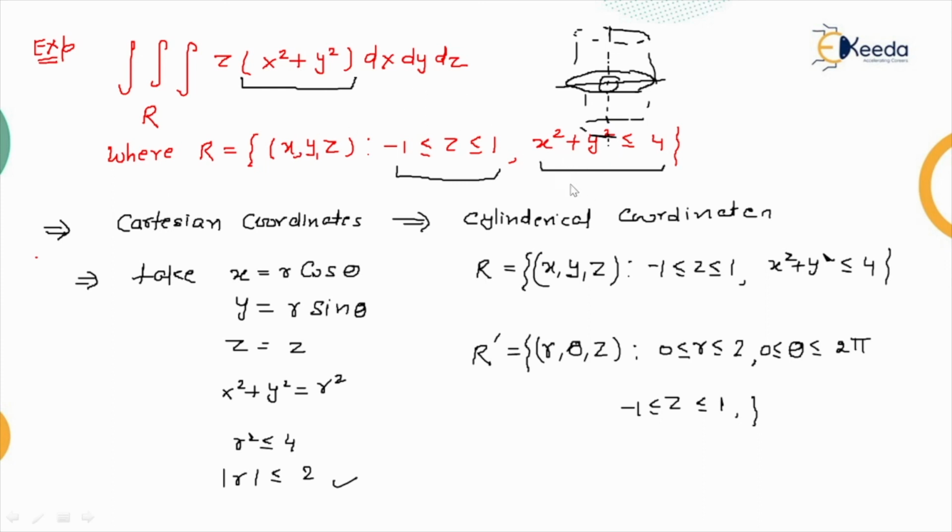Both are the same, so it means you need to change these Cartesian coordinates to cylindrical or spherical. And if the limit of z is given to you, it means these Cartesian coordinates definitely change to cylindrical, because it forms a cylinder. Okay, so this was the question based on Cartesian coordinates to cylindrical coordinates. I hope that you understand. So thank you so much.